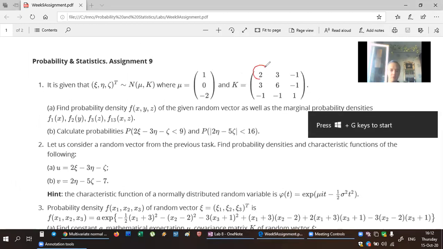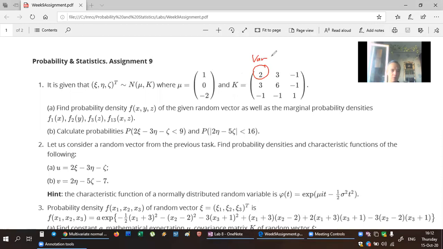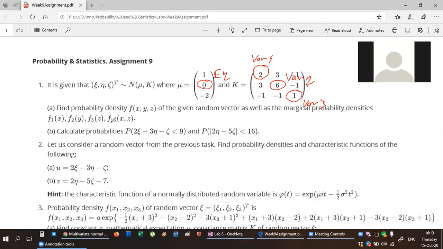And here 2 is a variance of xi, 6 is a variance of eta, and 1 is a variance of zeta. So we take it directly from the matrix. And here we have the expected values. So this is expected value of eta. Thank you. You're welcome.